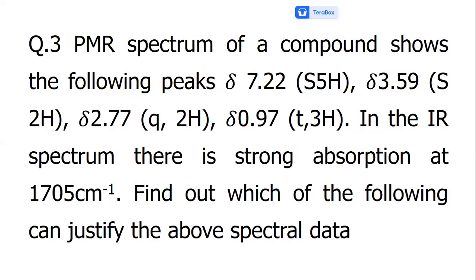Question number third. The PMR spectrum of a compound shows the following peaks: delta 7.22, singlet, 5H; delta 3.59, singlet, 2H; 2.77, quartet, 2 hydrogens; delta 0.97, triplet, 3 hydrogens. In the IR spectrum, there is strong absorption at 1705 per cm.